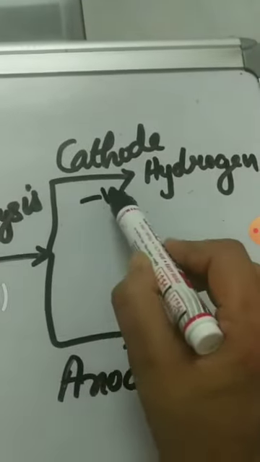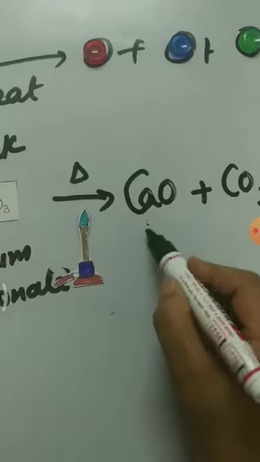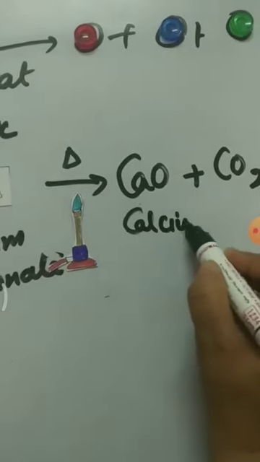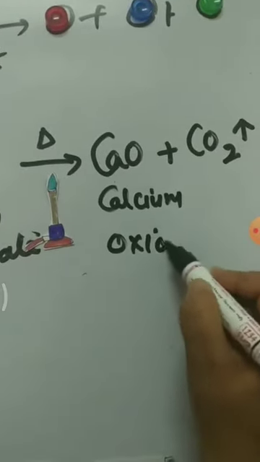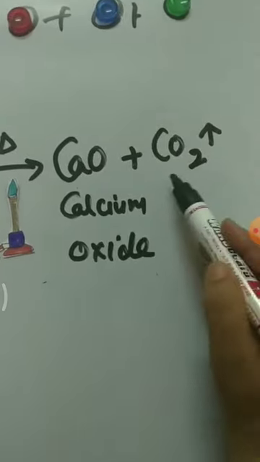Balancing: calcium 1 on both sides, carbon 1 on both sides, oxygen 3 and oxygen 3 on this side also, 2 and 1, 3. So it is already balanced. So calcium carbonate under thermal decomposition gives the products calcium oxide and carbon dioxide.